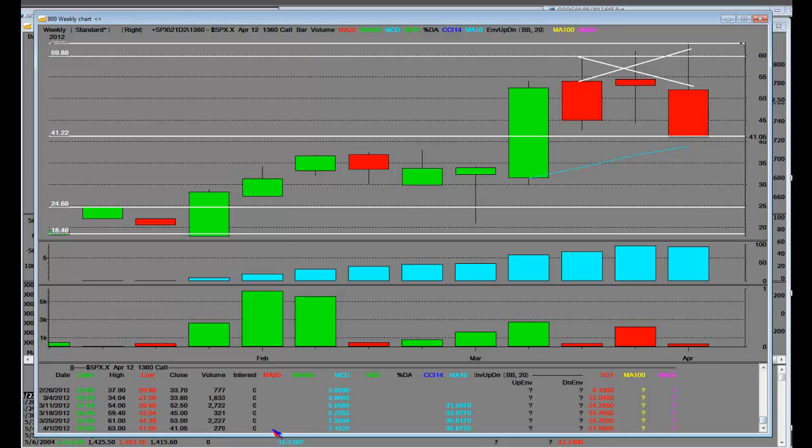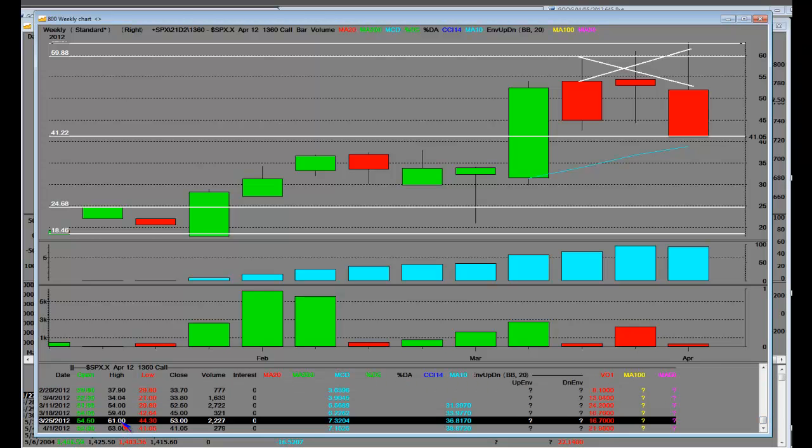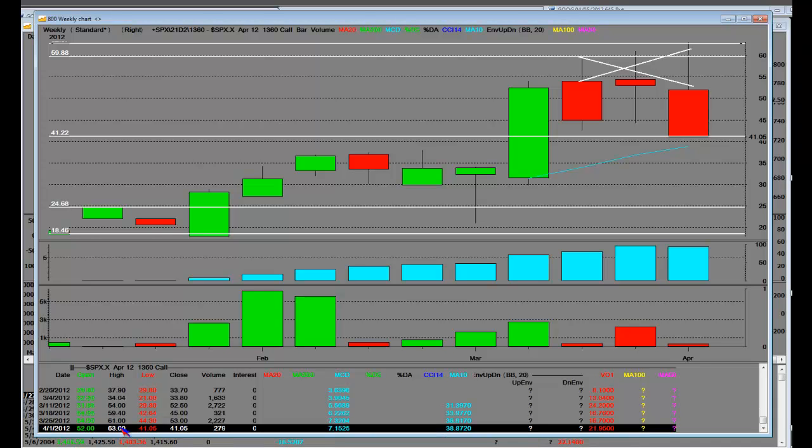And the high of that call was $63, and it was on 4/1 during that week starting. That's the high. And the low right now that we have is going to be $41.